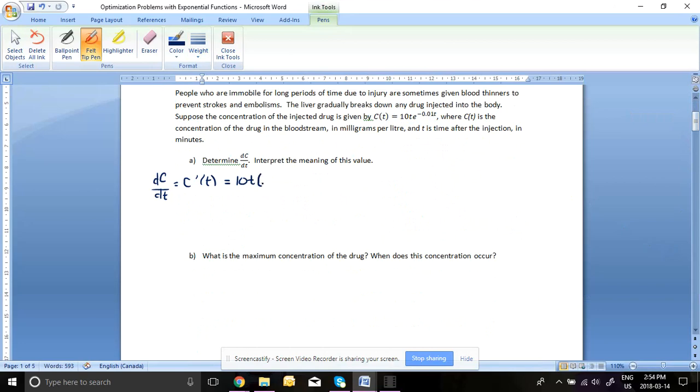Then take the derivative of e^(-0.01t). e stays the same, and we multiply that by the derivative of the exponent, which is just -0.01. Then we add the derivative of 10t, which is just 10, and multiply it by that second function.